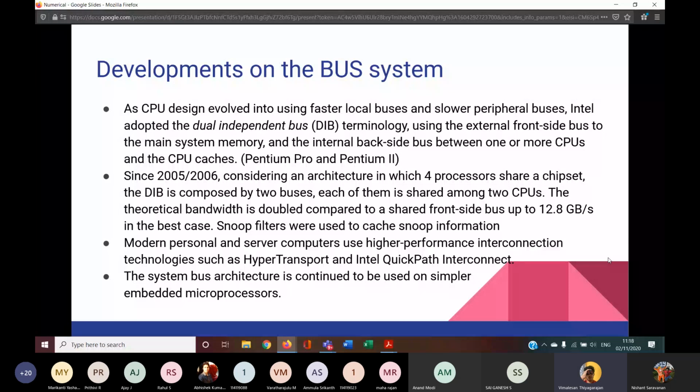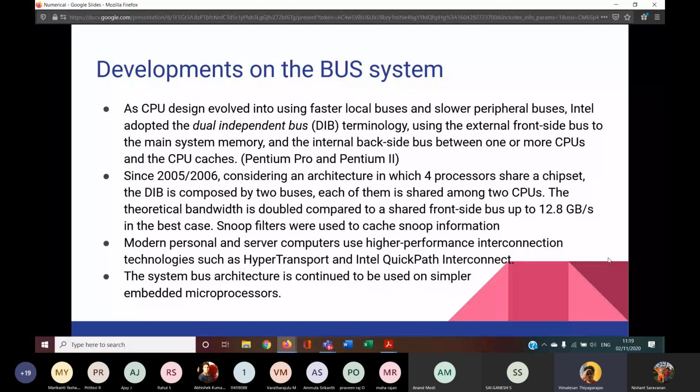This was first implemented by Intel in their Pentium Pro and Pentium 2 processors, and ever since 2005 they started making 4 processors in 2 bus systems, and this gave them a really fast speed, up to 12.8 GB per second.